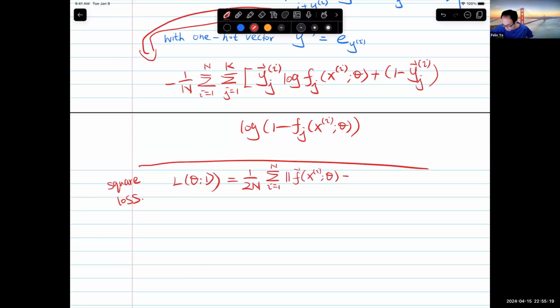So basically you can do square loss, with the one-hot encoding of the value.